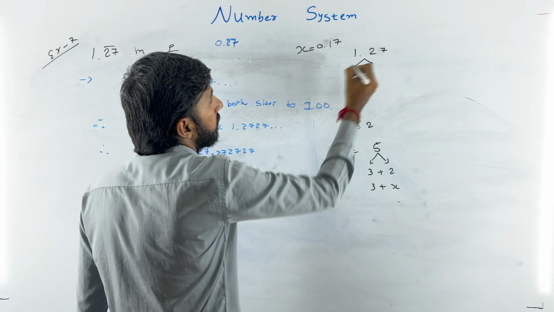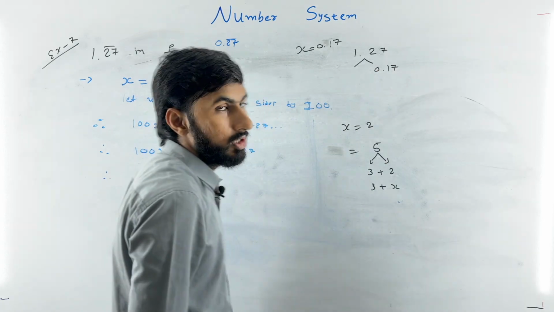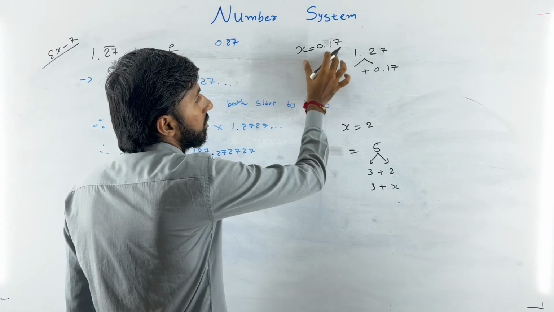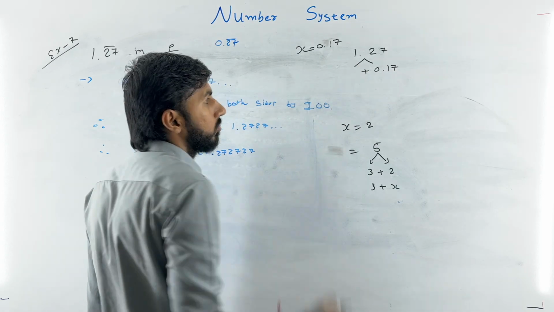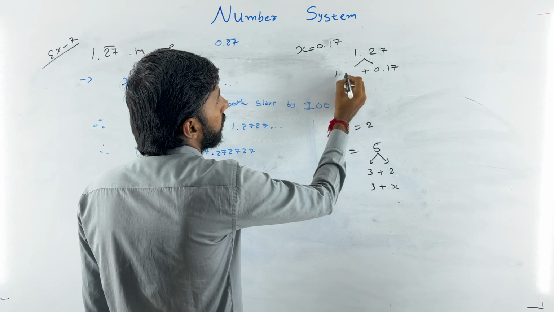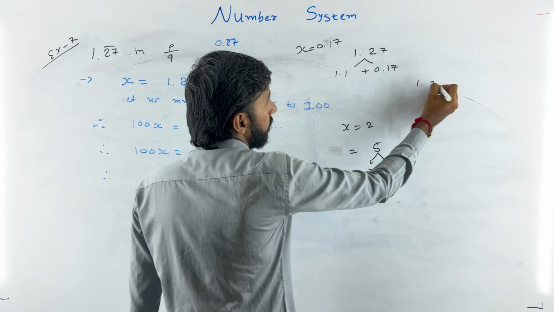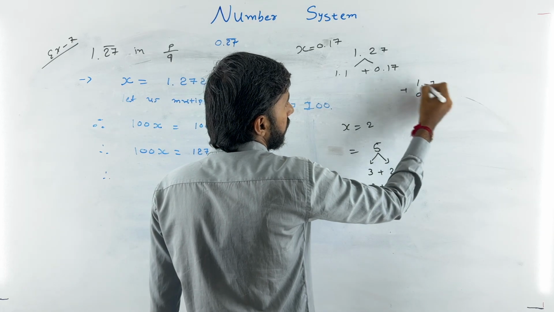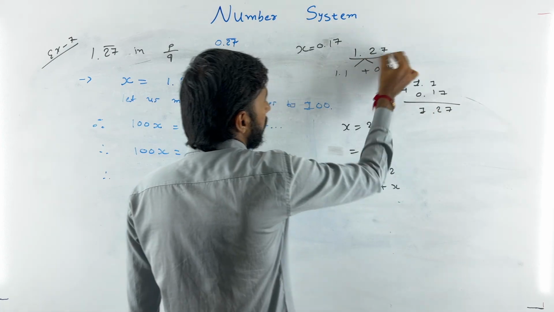So if I have to separate this number, for one side I will write 0.17 and for the remaining part, what number can I write here so that the addition of those two numbers will become 1.27? First I have to write 1. So 1 plus 0.17, the answer will become 1.17.